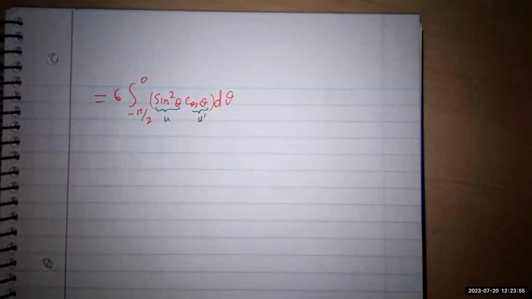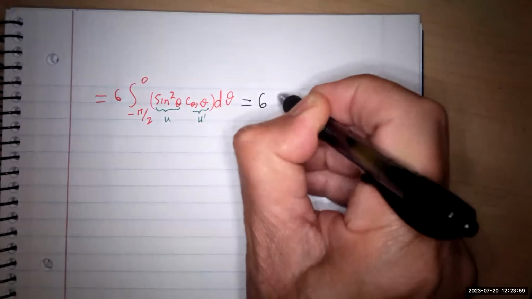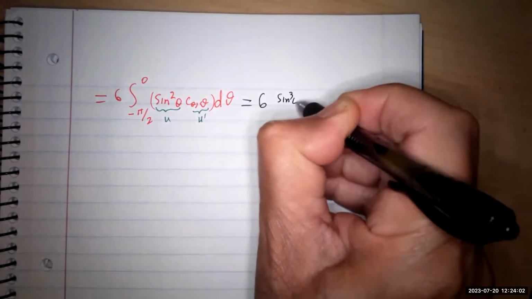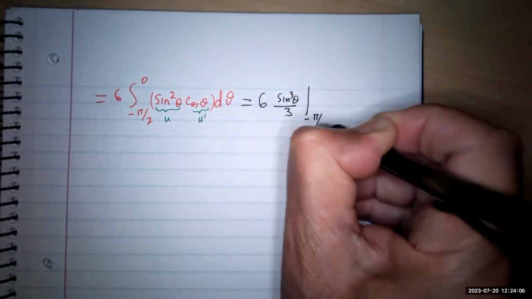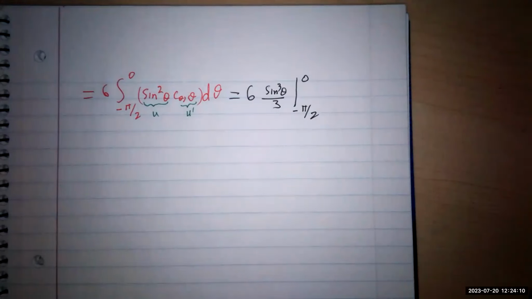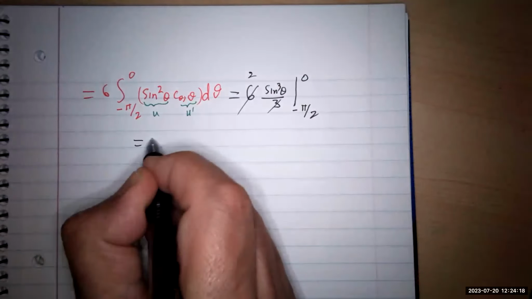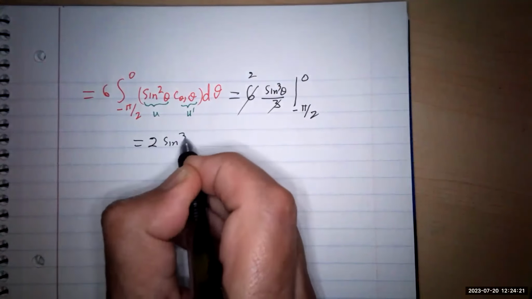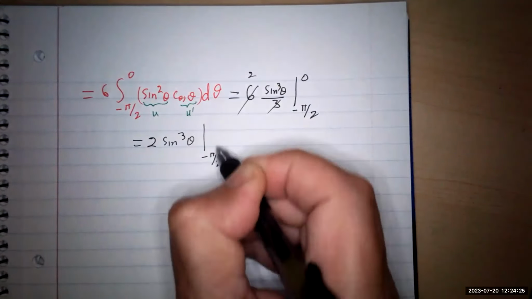So it's going to be equal to 6 sine cubed of theta over 3, and theta going from negative pi half to 0. Okay, that's it. If you put the 0, sine of 0 is 0, so you won't get anything. You see, you can simplify this too. So that gives you 2. So we get a 2 sine cube of theta, and this is going to be between negative pi half and 0.